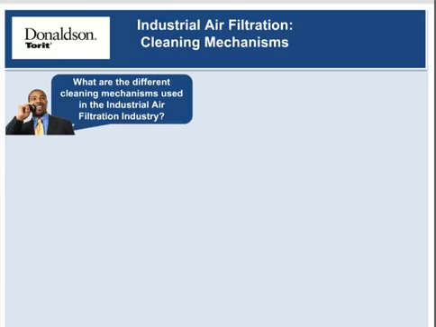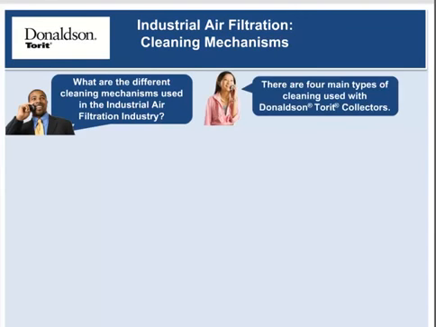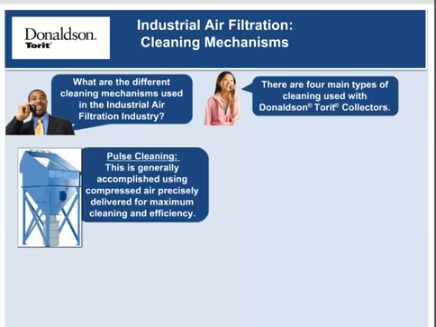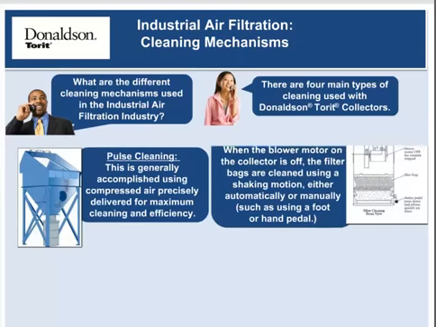What are the different cleaning mechanisms used in the industrial air filtration industry? There are 4 main types of cleaning used with Donaldson collectors. Pulse cleaning. This is generally accomplished using compressed air precisely delivered for maximum cleaning and efficiency. Shaker cleaning. When the blower motor on the collector is off, the filter bags are cleaned using a shaking motion, either automatically or manually, such as using a foot or hand pedal.